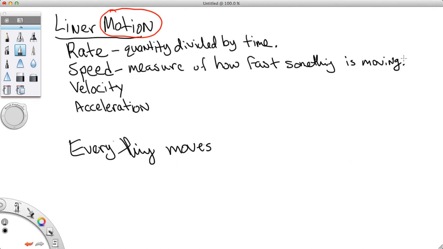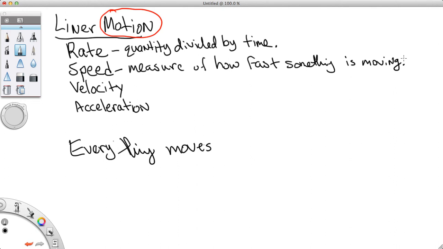Speed is always measured in terms of a unit of distance, whether that's meters, miles, or kilometers.